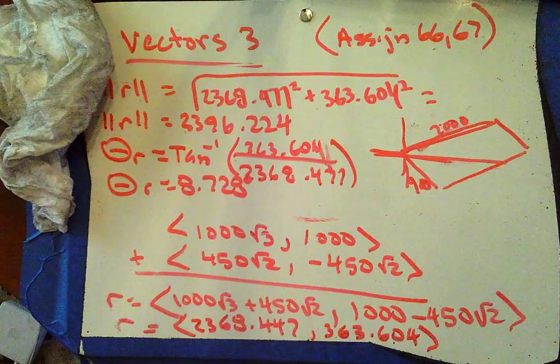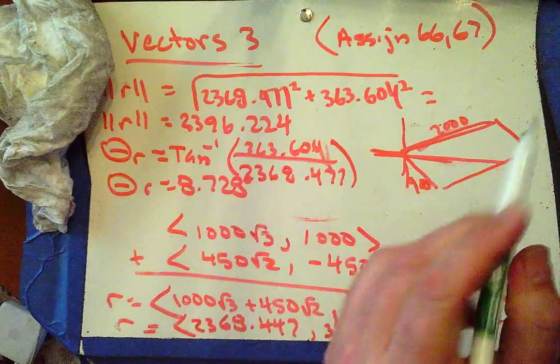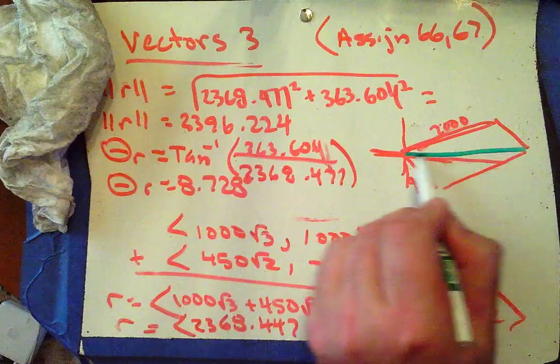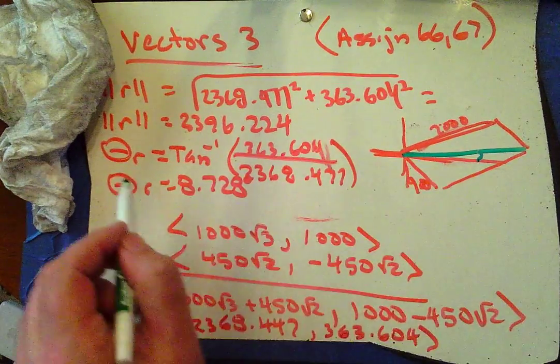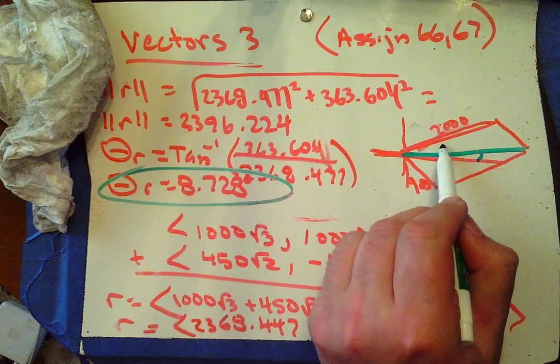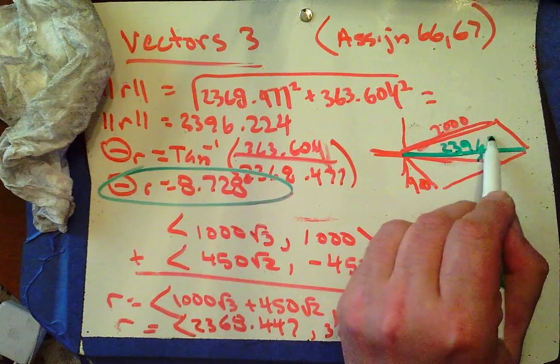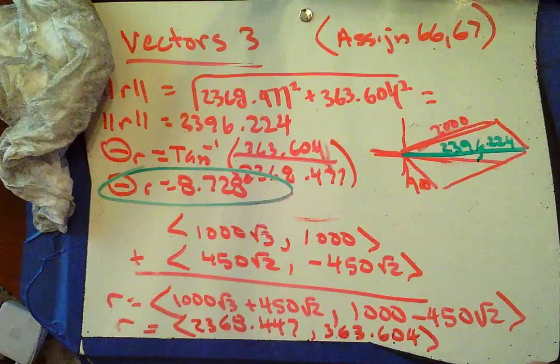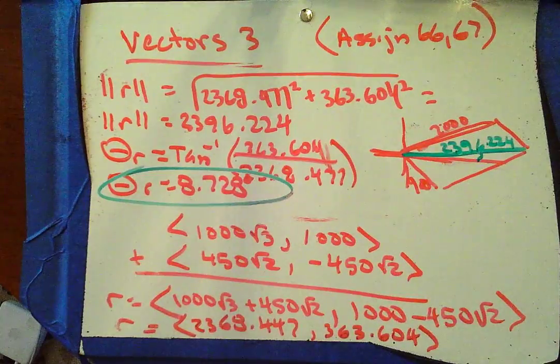And here's our resultant vector. And what we're saying is that this angle is 8.728, and we're saying that this magnitude is 2396.224. Okay, now that's one way to do the problem, and I like that way of doing the problem, and I'd encourage that way to do the problem.